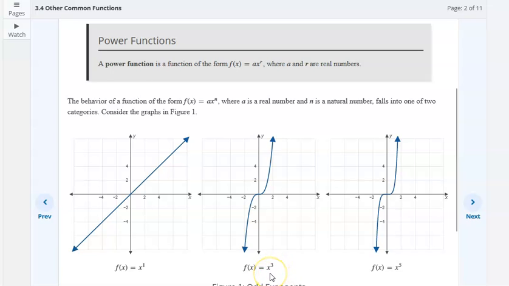That is x to the third power, which is an odd power. Well, it has this general shape. How about x to the fifth power? Now, notice what's happening in the area of the origin here. It's being stretched as we increase the exponent in its odd case.